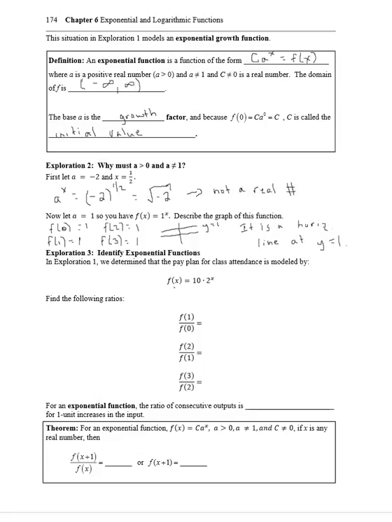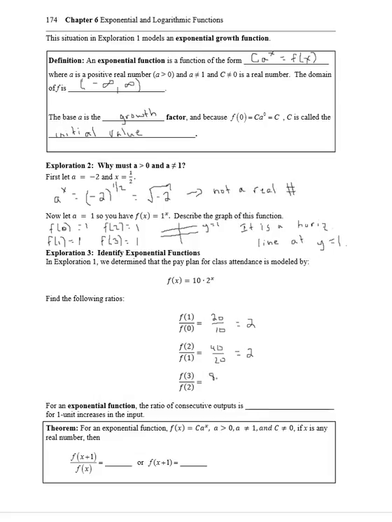Okay, so on the first page we found the model. We called it p of x. They're calling it f of x. That's fine. Equals 10 times 2 to the x. So find the following ratios. Well, if we go back to our chart, f of 1 is 20 and f of 0 is 10. So the ratio is 2. F of 2 was 40 and f of 1 was 20, which is still 2.